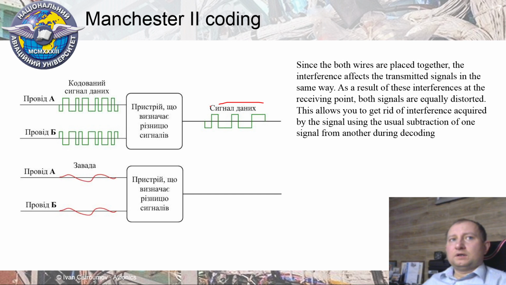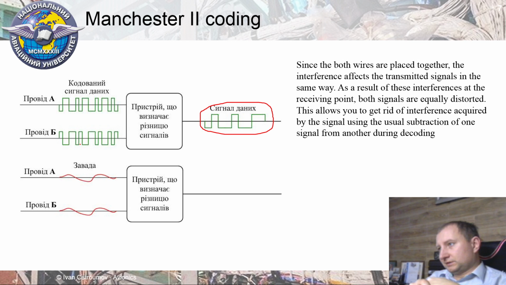It means that noise can act in the same way, and we have approximately the same noise level. After the extraction of one signal from another, the noise is subtracted from each other, and it can reduce or even shut down the noise in the channel.